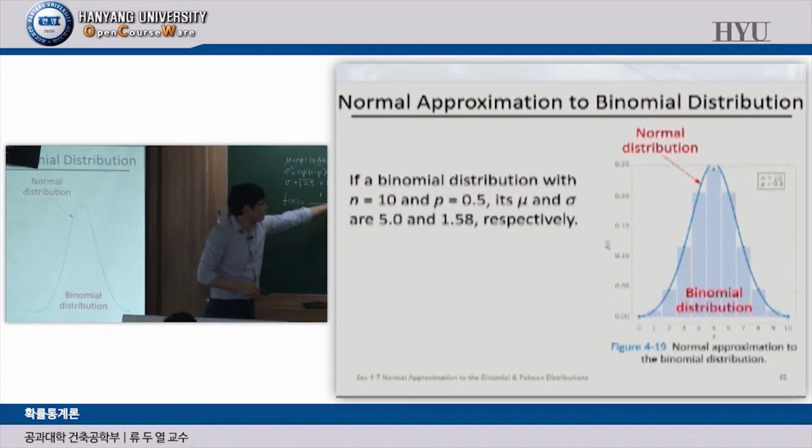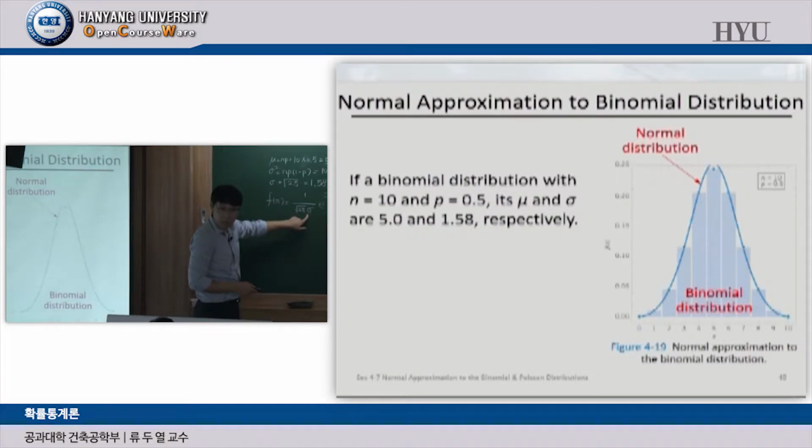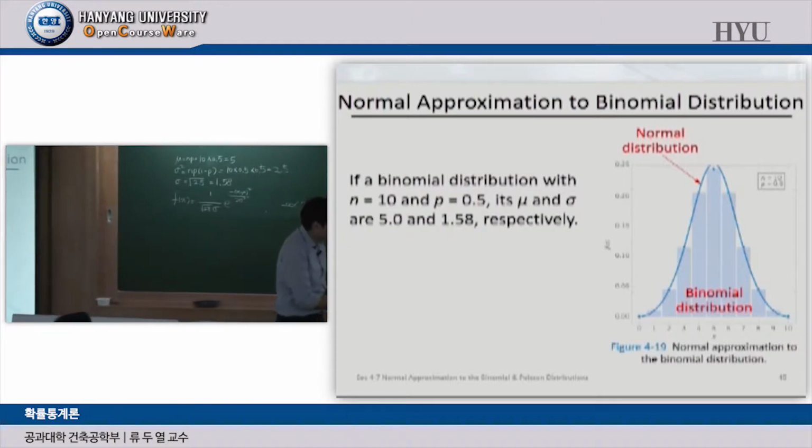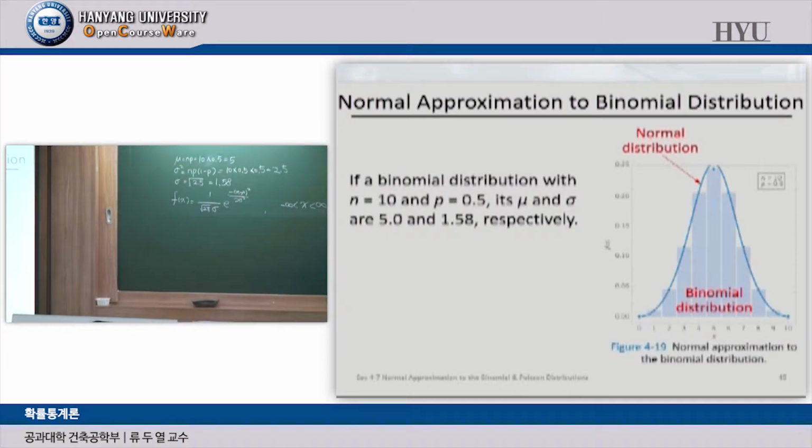We know mu, sigma squared, and sigma, so we can calculate the probability density function according to x. Based on this equation, we can draw this normal distribution, and as you can see, it exhibits very similar behavior to the binomial distribution.